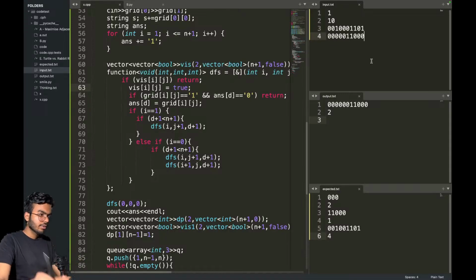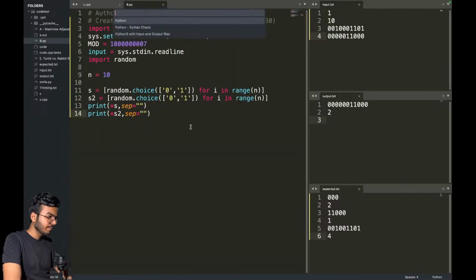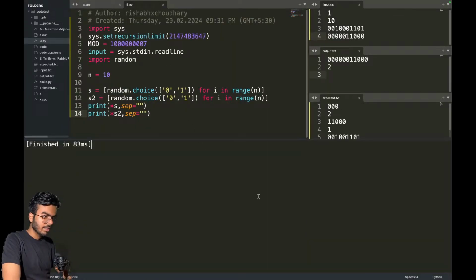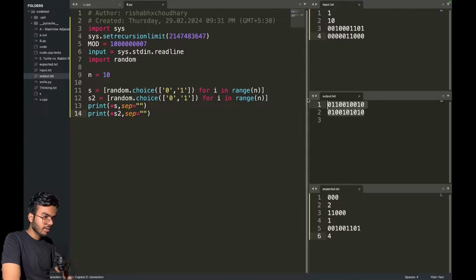Okay. So what will be the answer? So we can go 0 0. Definitely a 0 here. So now I can only go right. So 0 0 0 0. Okay, 0 0 1 1 0 0 0. Yeah. So this is correct. Let's try to do it one more time. I mean, I will have to do it till I find a wrong answer.